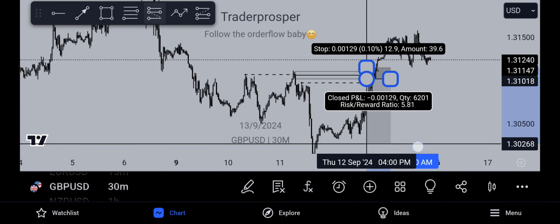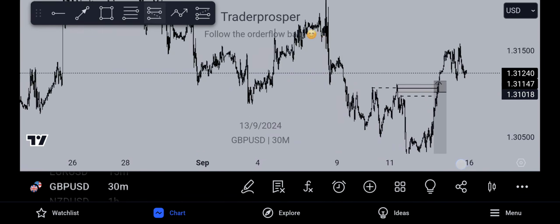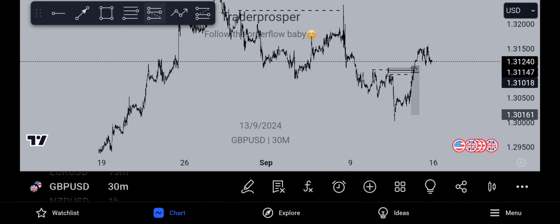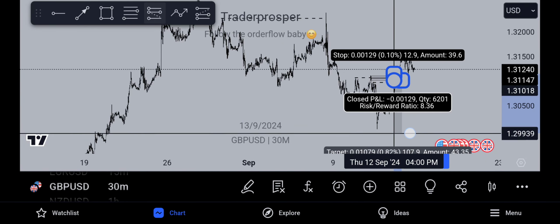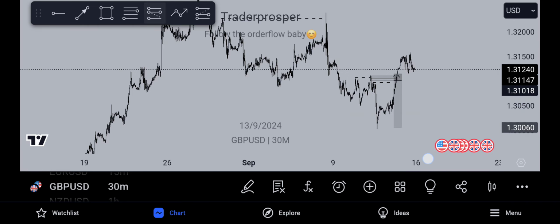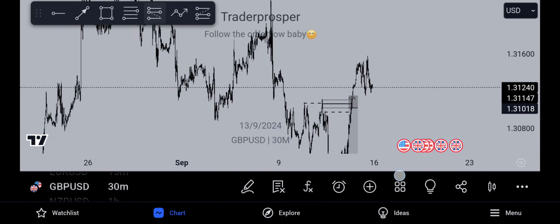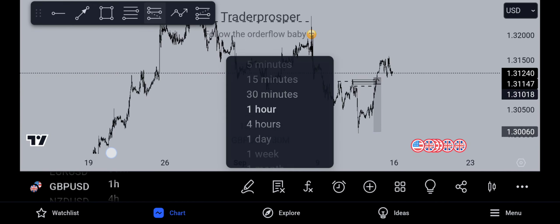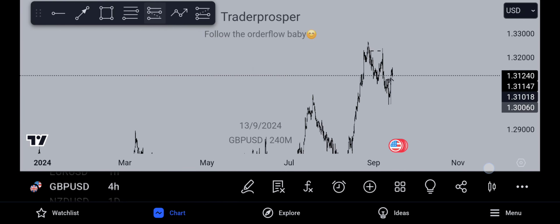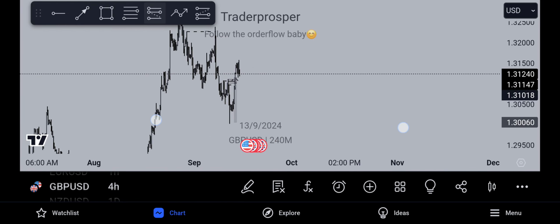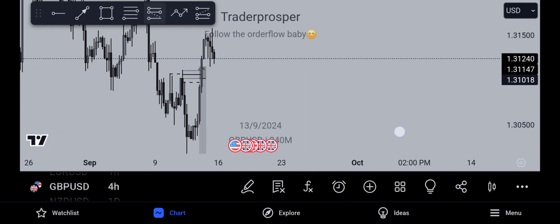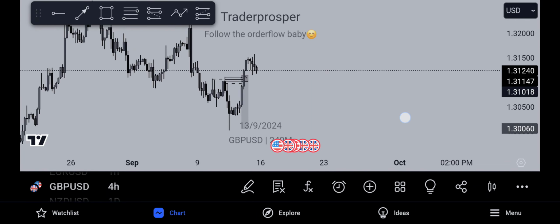So this was the trade we were expecting, to continue those sales. We are all selling. But then it is what it is. So we are still expecting sales on GBP, since we are still bearish, unless the market gives us something else to work with.